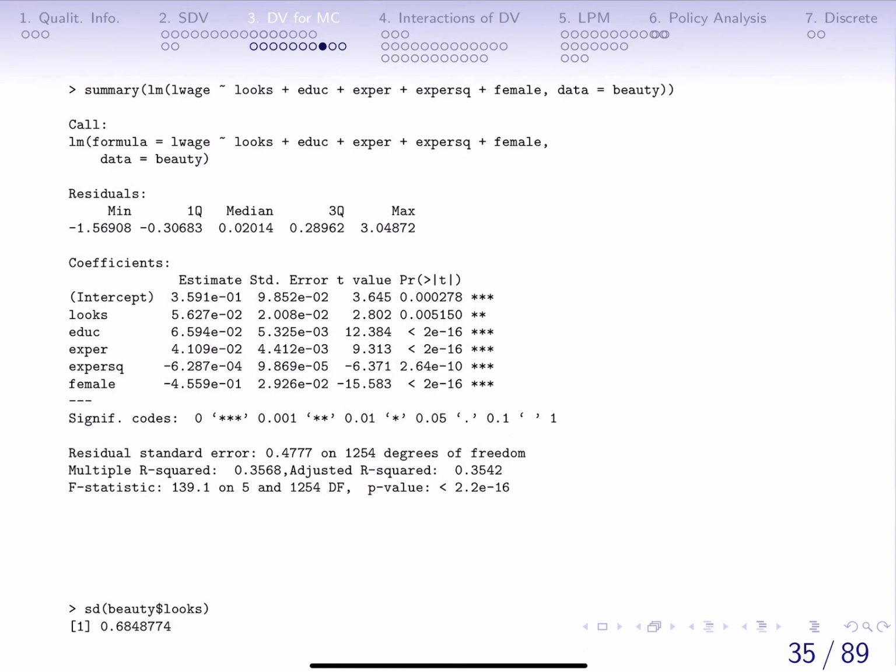So here's an example. Here we've done the same thing, but now we don't have below average, above average. We have all the other controls, but we've thrown looks into our regression.